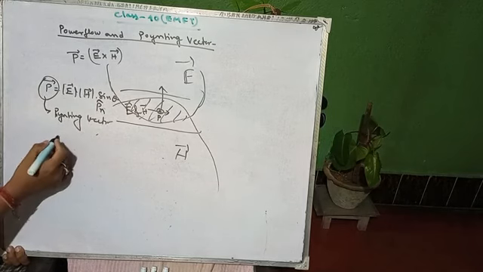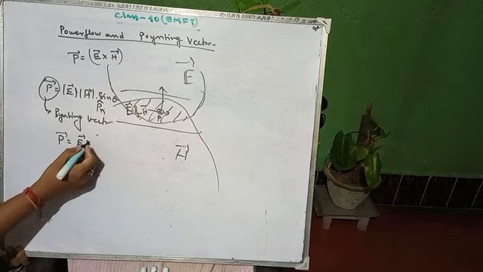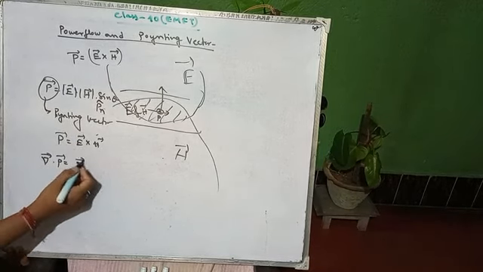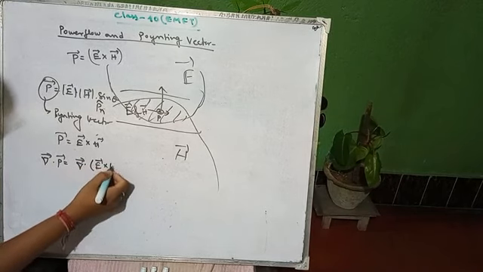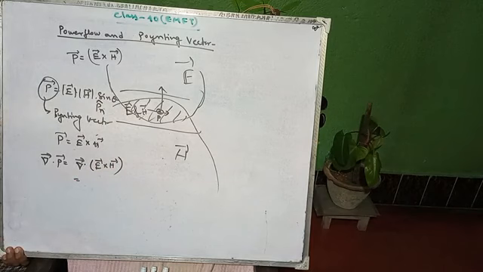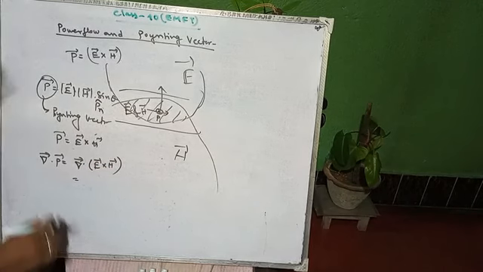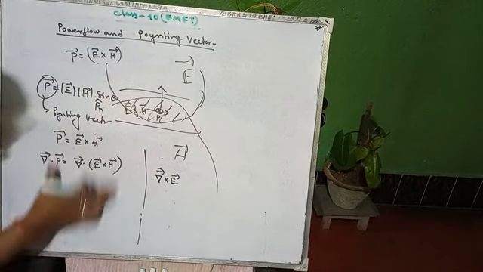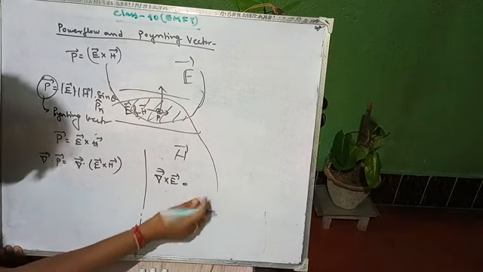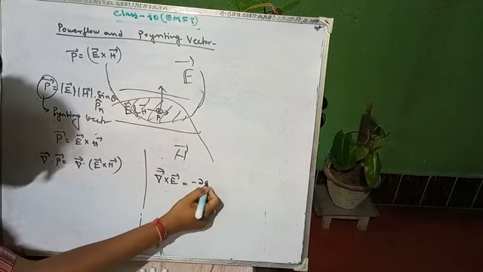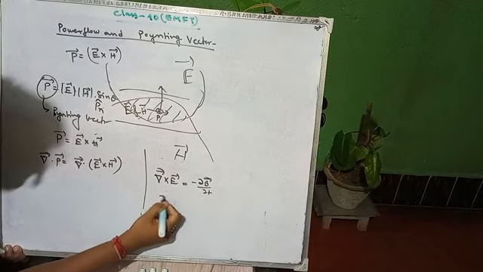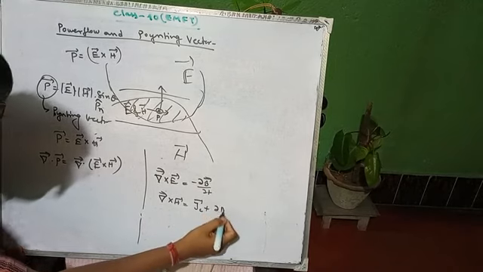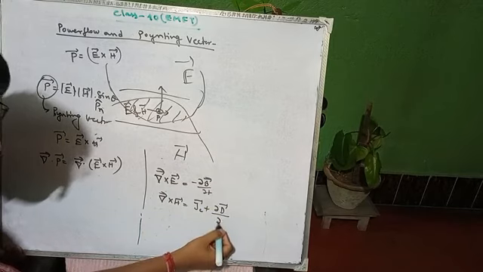Now take P equals E cross H and apply the divergence on this P vector. Then it represents the divergence of E cross H. What is the divergence formula? We know that curl of E equals negative del B by del t, for a time varying field system, and curl of H equals J_c plus J_d, that is, J_c plus del D by del t.